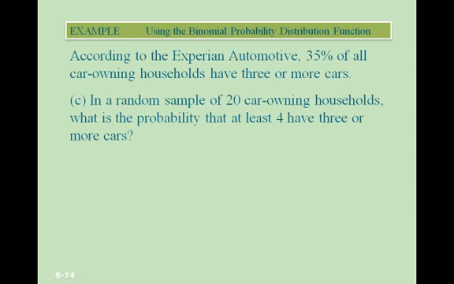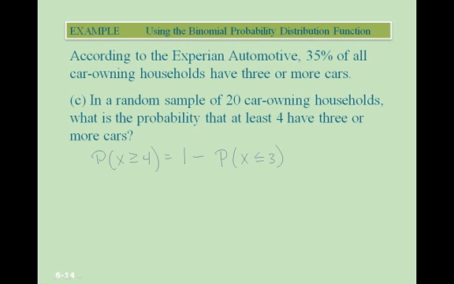In a random sample of 20 car-owning households, what's the probability that at least 4 have 3 or more cars? So remember that our word at least means greater than or equal to. So we're looking at the probability that x is greater than or equal to 4, which is also the same as 1 minus the probability that x is less than or equal to 3.